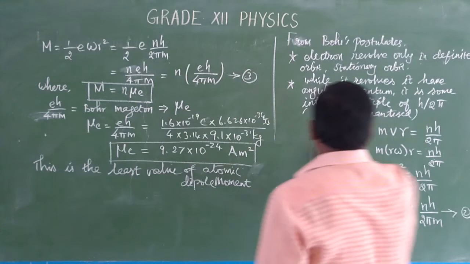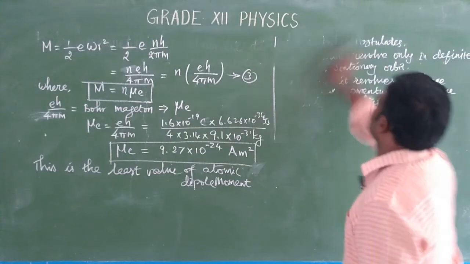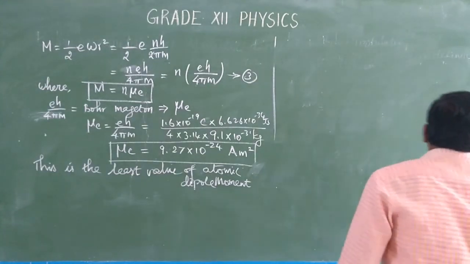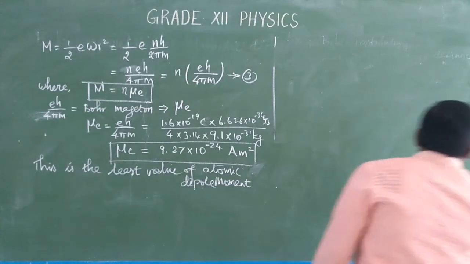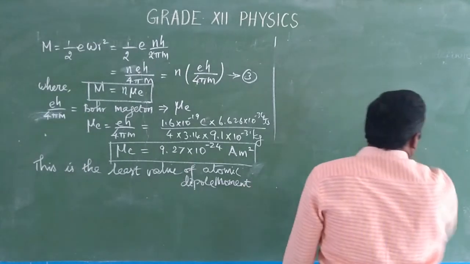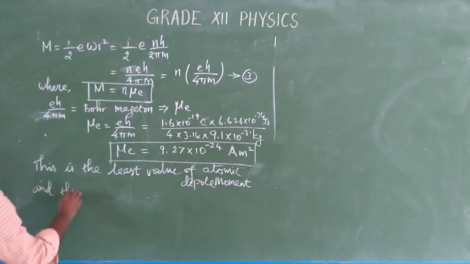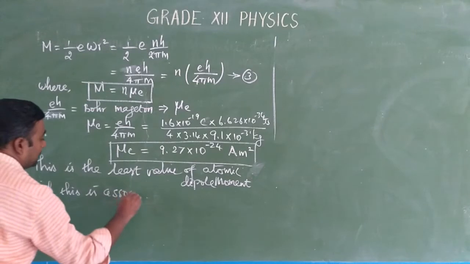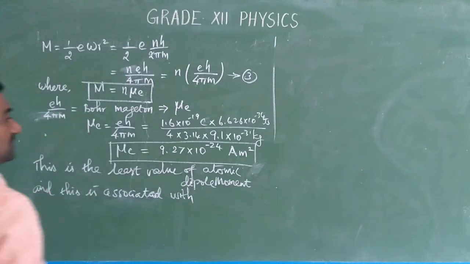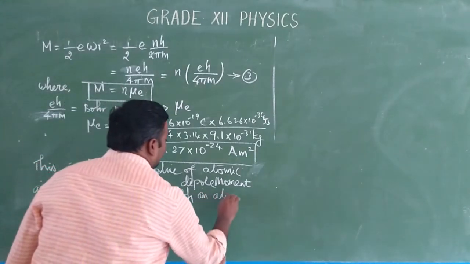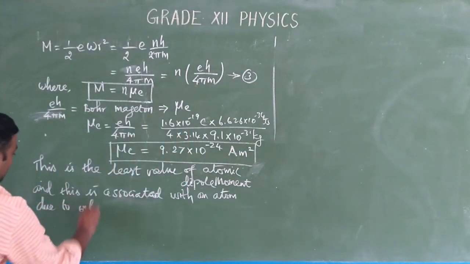Now we want to find one more thing from this relation. And this value is associated with an atom due to the orbital motion of an electron.